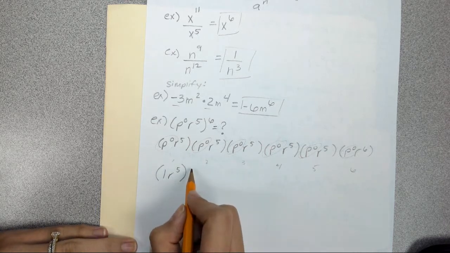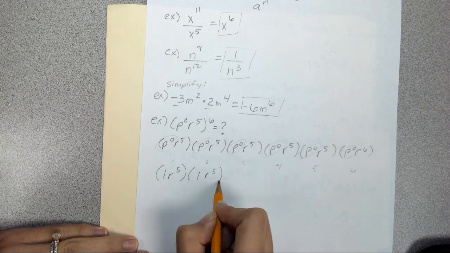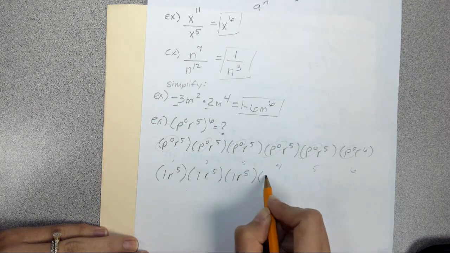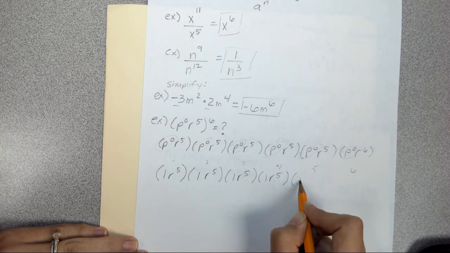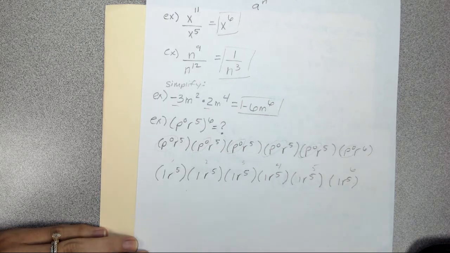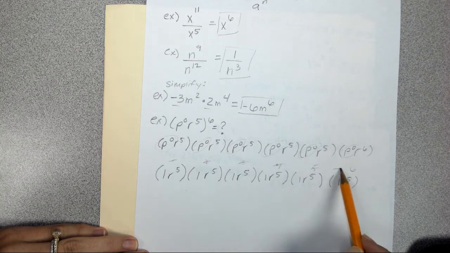So I can simplify all of this to be like this. Here we go. So this was just for me to keep track, make sure I had 6.